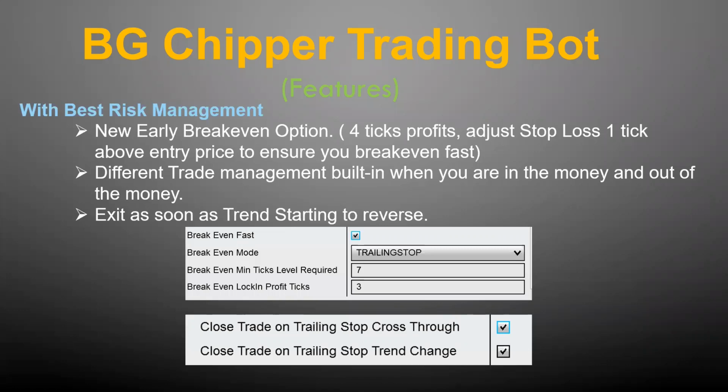Whereas if you could have gotten a few ticks before it reversed, you could at least pull out a little bit to pay for the commissions on that. This is a very powerful tool to keep you from losing money on a trade that would have given you a couple points, but then came back and slammed down against you. This will get you back to at least profitable or break even when you're in the money. Then it exits. Obviously, if the trend reverses, it gets you out of that. So pretty powerful for that.